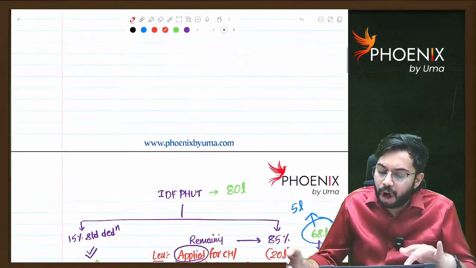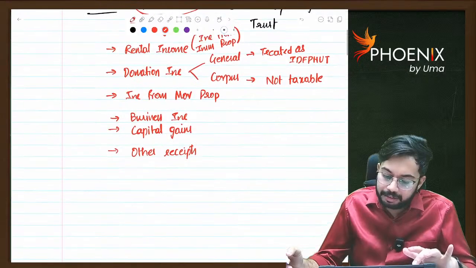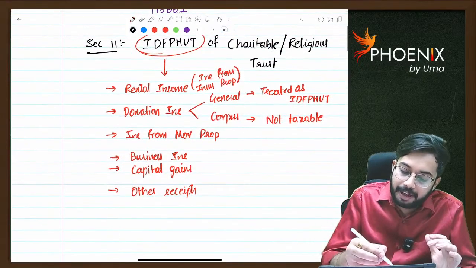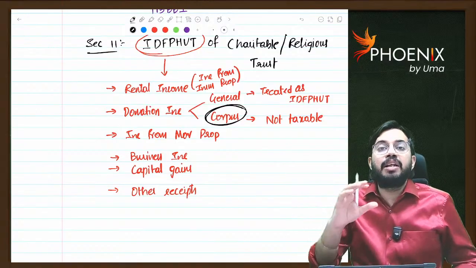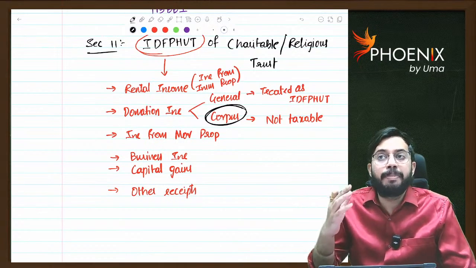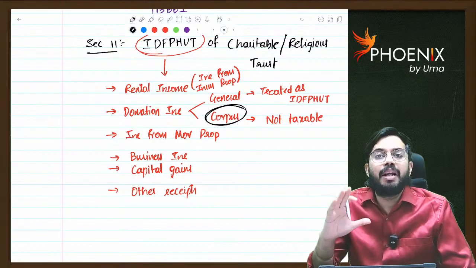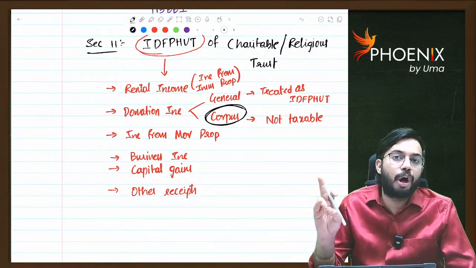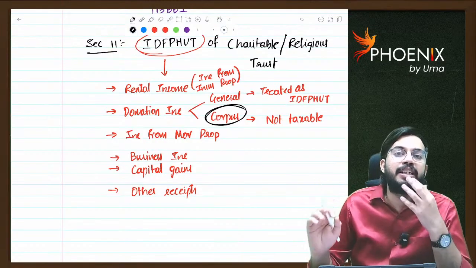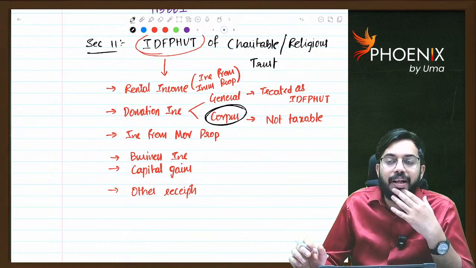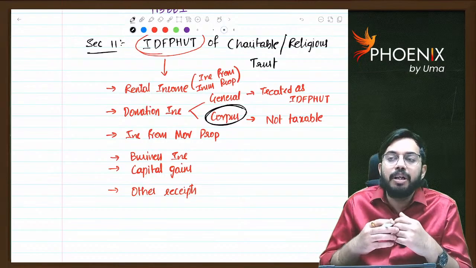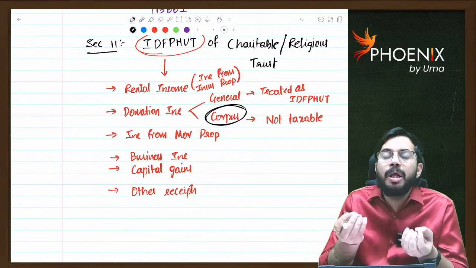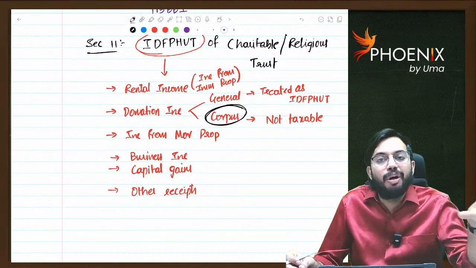We discussed corpus fund, right? Generally, there is the Trust Act as per Indian laws. As per that Trust Act, you should not use corpus fund. Only in emergency cases can you use corpus fund. Let's say Tirumala Tirupati Devasthanam is there. COVID has come, no devotees are coming, no devotees are giving donations.